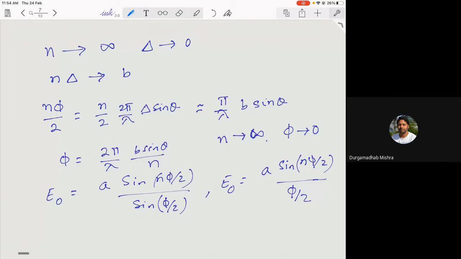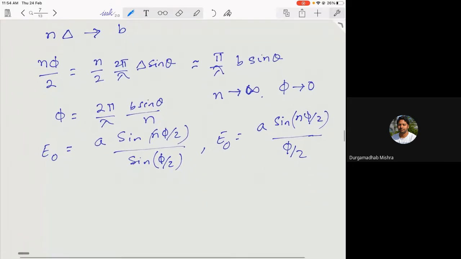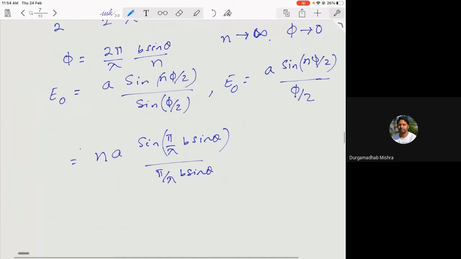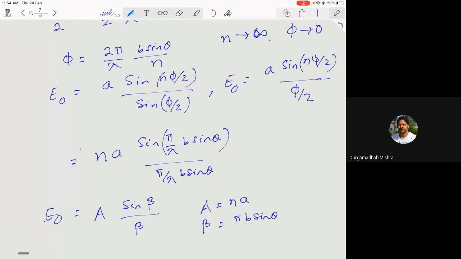If you now substitute the values of phi that we calculated, we get n a sine of pi by lambda b sine theta divided by pi by lambda b sine theta, so E naught would be equal to amplitude A sine beta by beta. Here A is the amplitude n into a, and beta is pi b sine theta by lambda.